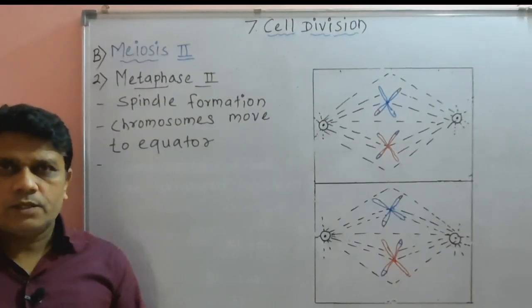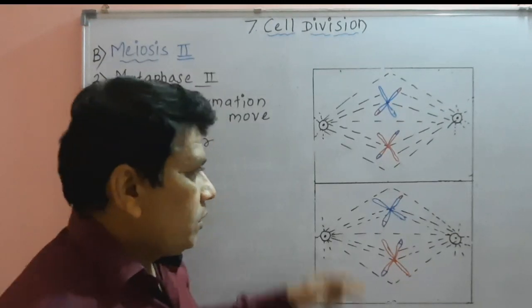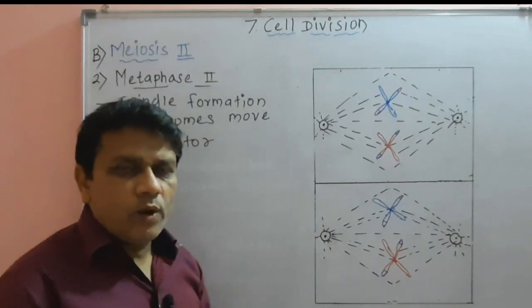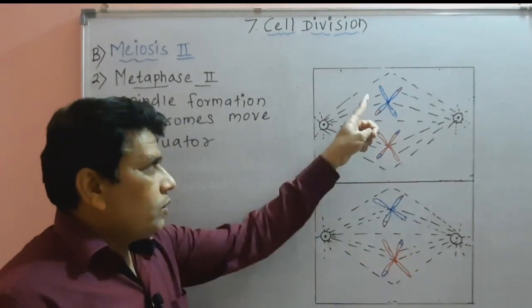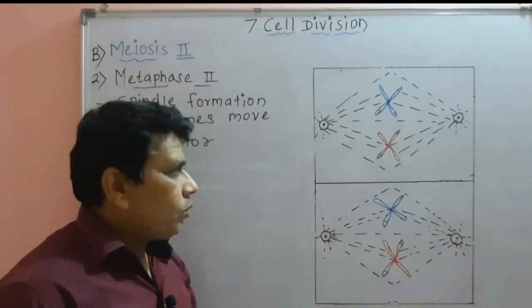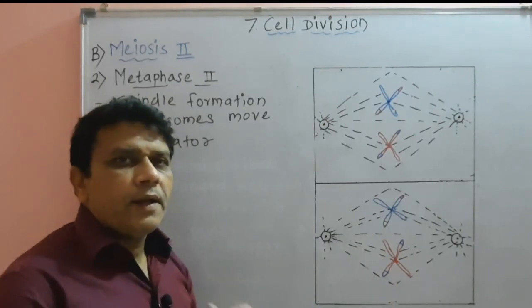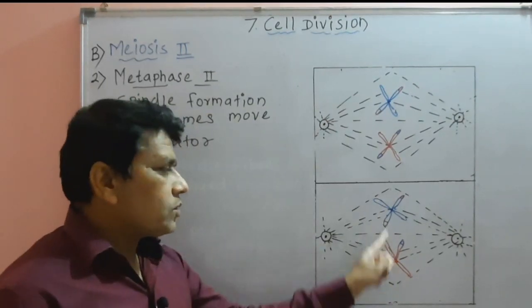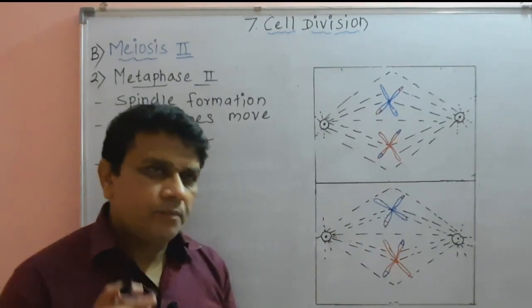Then the next stage is metaphase second. In both the cells karyokinesis occurs simultaneously. In both the cells the chromosomes come to the center of the cell and get arranged, and the center is called the equator.